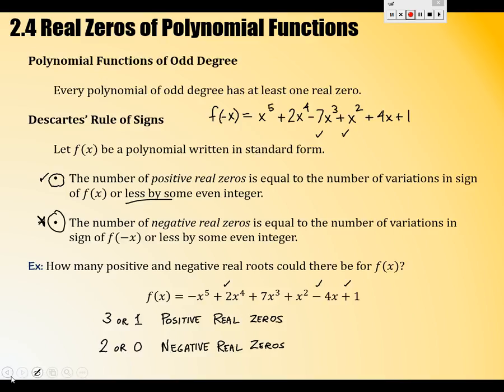Yeah, you could have 3 positive zeros and 0 negative real zeros. That would be fine. It could only have 1 real root total, couldn't it? It's a 5th degree polynomial.